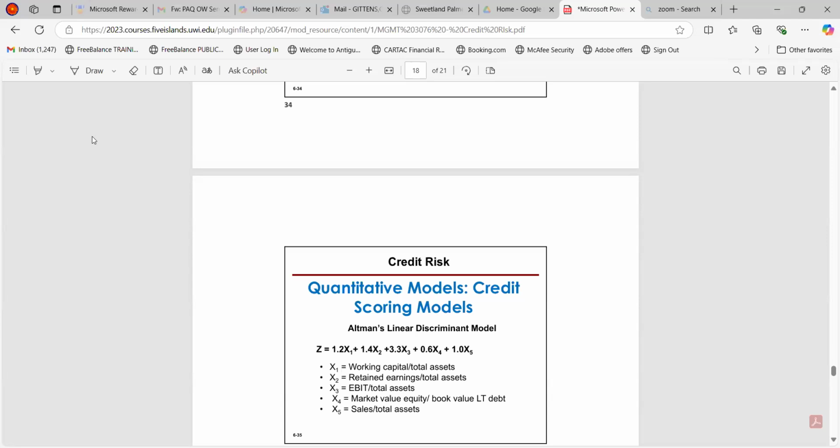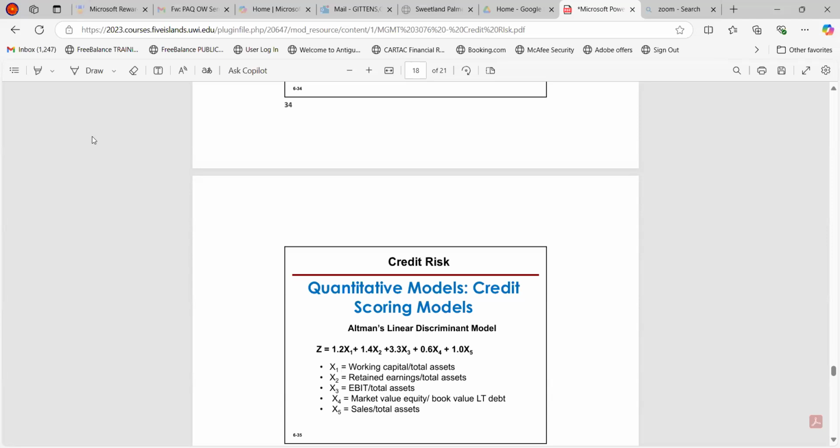Your retained earnings to total assets: if your equity is made up mostly of retained earnings, and you put that over your total assets, that's going to affect your ability to pay. Earnings before interest and taxes over total assets: your earnings before interest and taxes is going to affect your ability to pay, because remember, you have to take the taxes from the earnings.